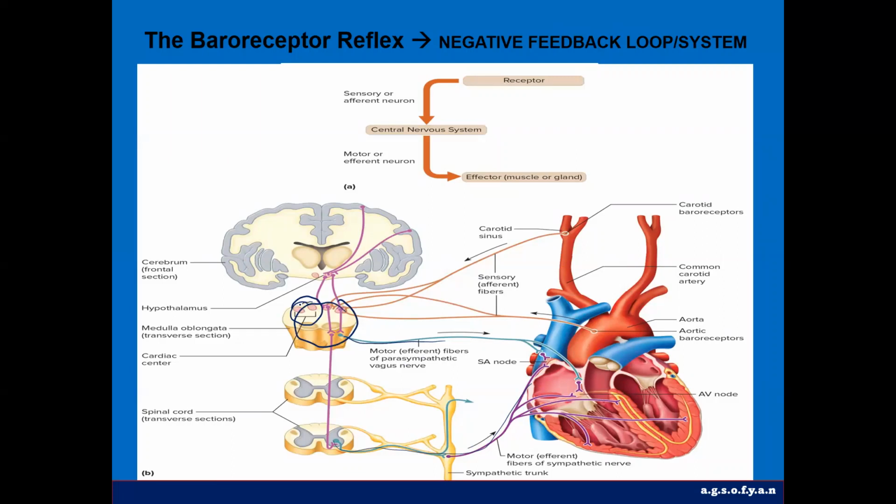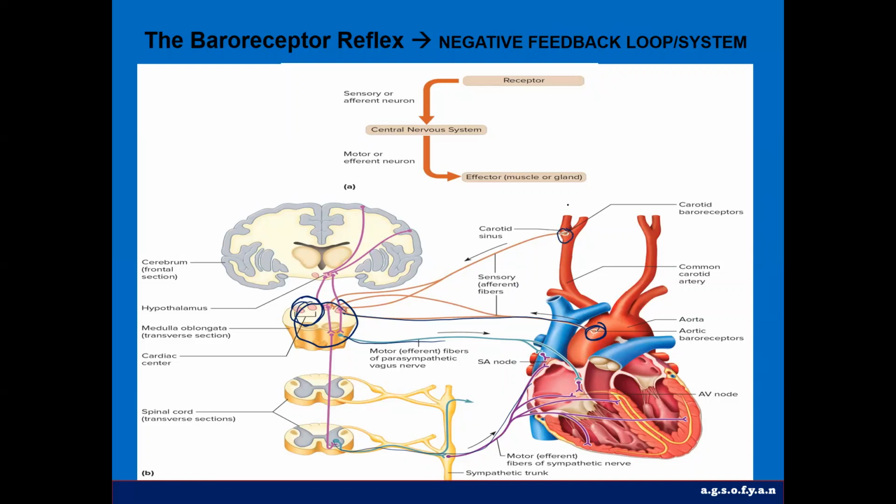And this cardio center or cardiovascular center receives the information from many receptors. One of them is the baroreceptor that's located in the arch of the aorta, which sends the information here. There is also another sense receptor located in the carotid artery.